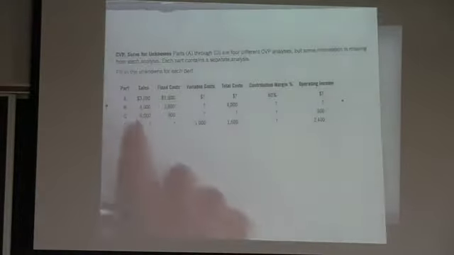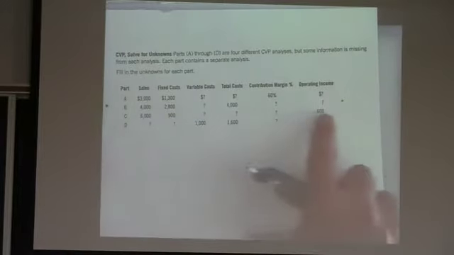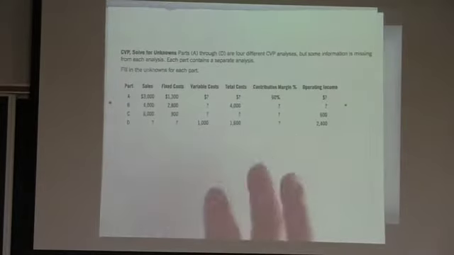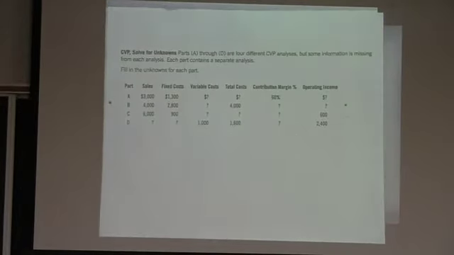So let's take a look at part C. You've got to figure out which of these unknowns you need to solve first, so that you can help solve the other unknowns. In part C, we are given sales and fixed costs. We're not given variable cost, and we're not given total cost, but we're given operating income.